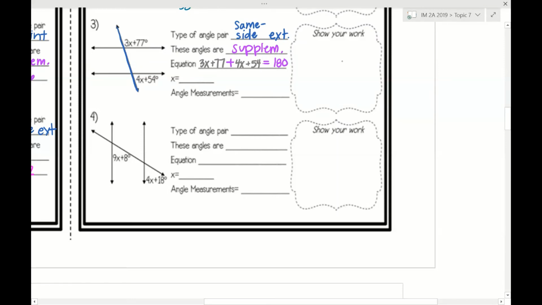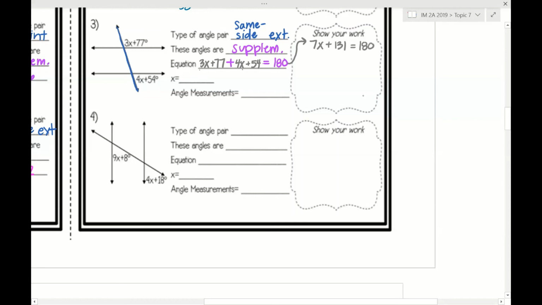And so what I'm going to do again in this step is combine my like terms as I write it over here to show my work. So 3x plus 4x is going to give us 7x. And then 77 plus 54 is 131. So 7x plus 131 is equal to 180.